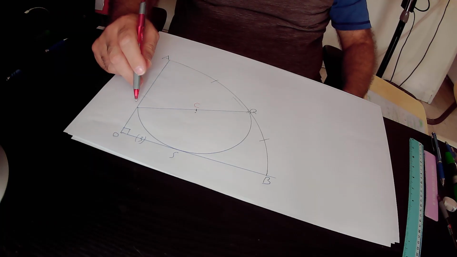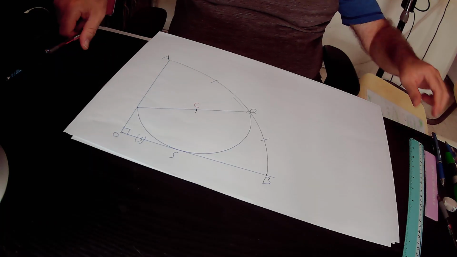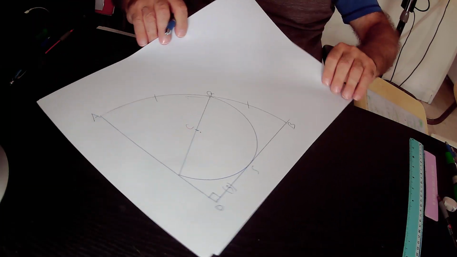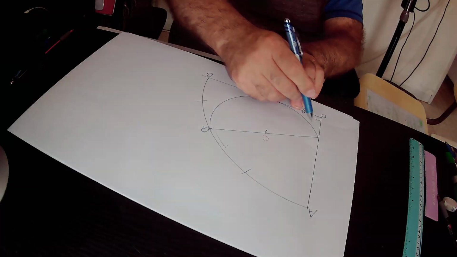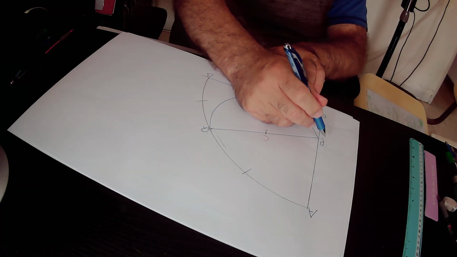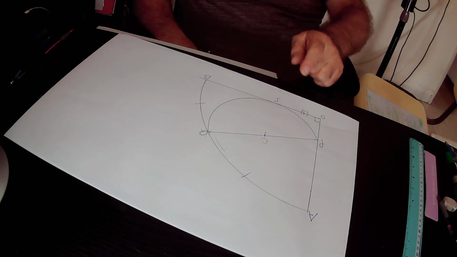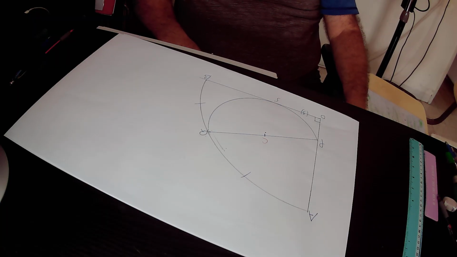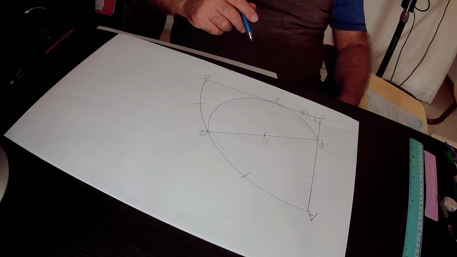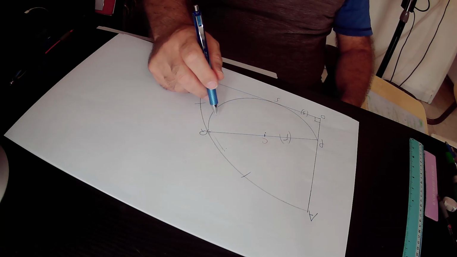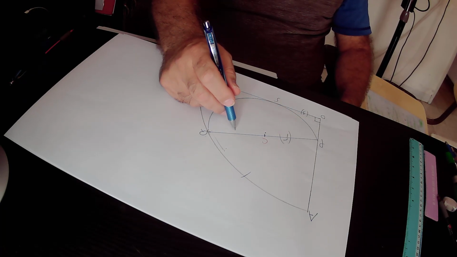This point is point P. CP is of course the radius of this semicircle. We define the radius of the semicircle as R, so CP equals R. Likewise, CQ also equals R, it is the radius of the semicircle.